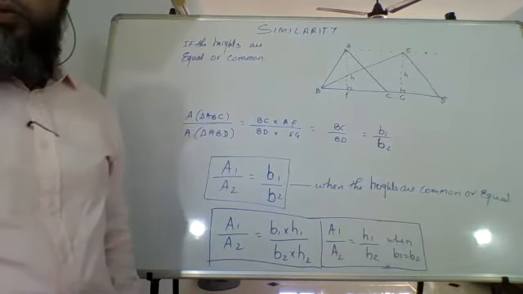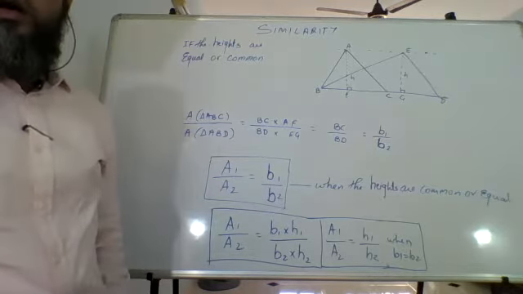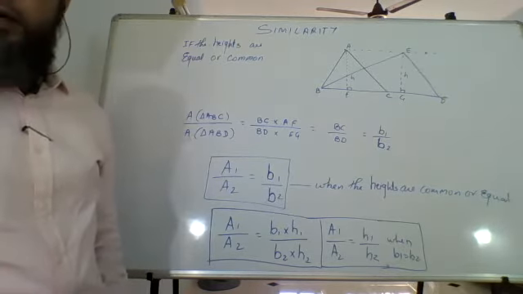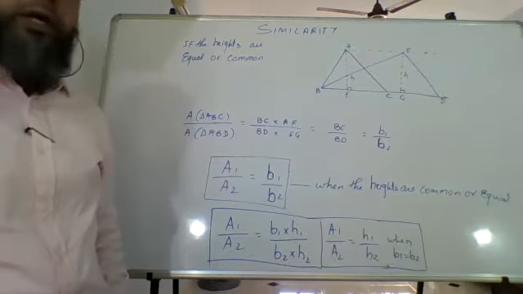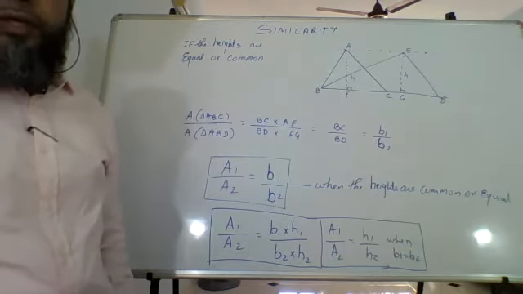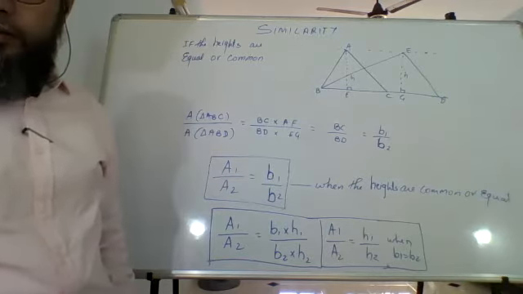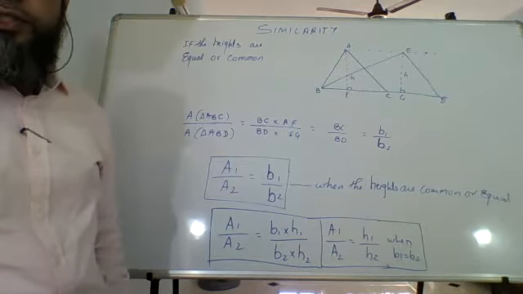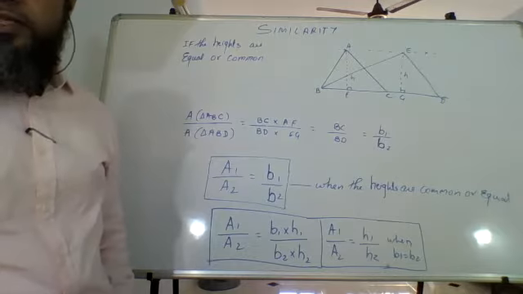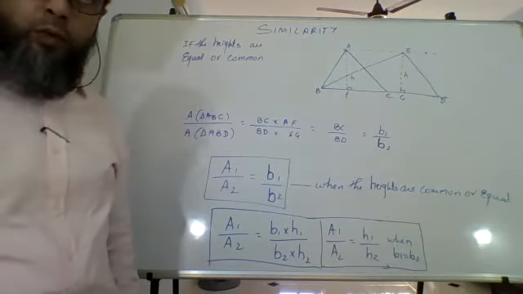So what happens further after this? If the base of a triangle is also common and the height is also equal, that brings us to the step where the base is also common and the height is also equal.